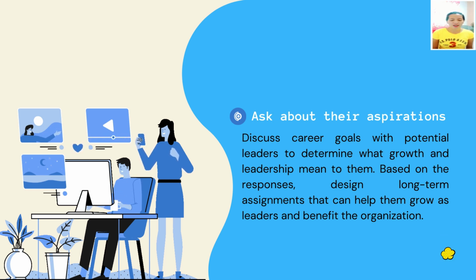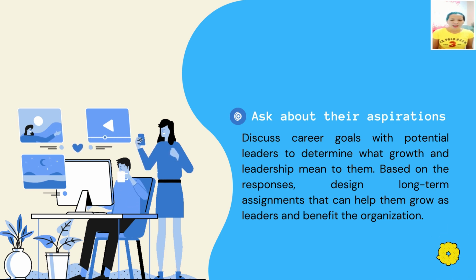So, discuss career goals with potential leaders to determine what growth and leadership mean to them. Based on their responses, begin long-term assignments that can help them grow as leaders and benefit the organization.